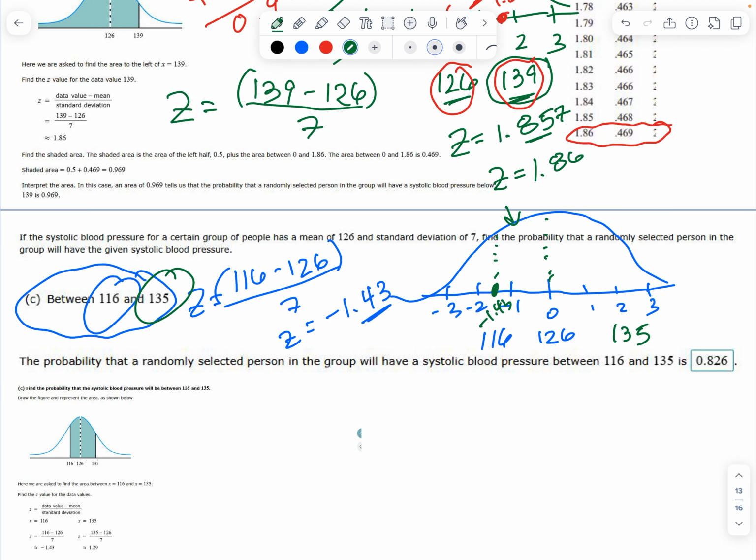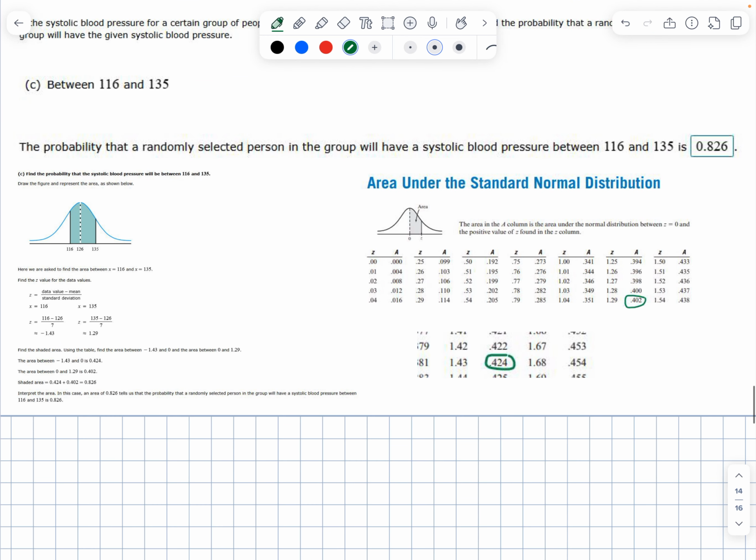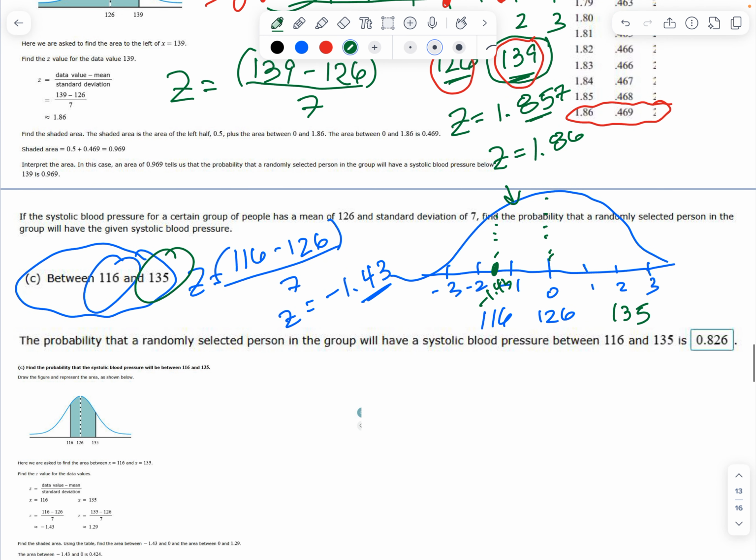Remember, the chart is going to give us this area right in here. So actually, what we can do is find that area real quick. Negative 1.43, let's go find it. So 1.43 is 0.424. So this is 0.424. Okay, let's convert this other one.